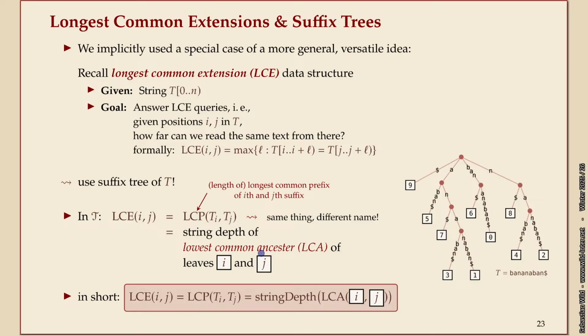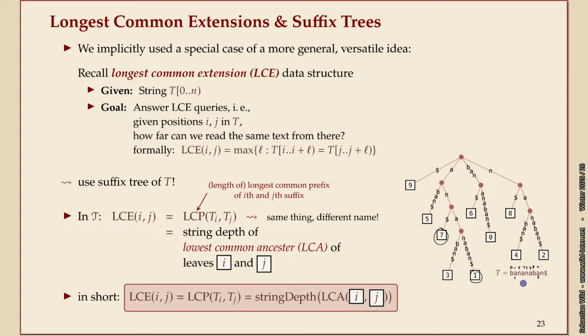As an example, say we pick these two leaves, 1 and 7. So here, my lovely banana. 1 is this A, 7 is this A. So I'm looking at these two. Just visually looking, the longest common prefix is going to be 2.